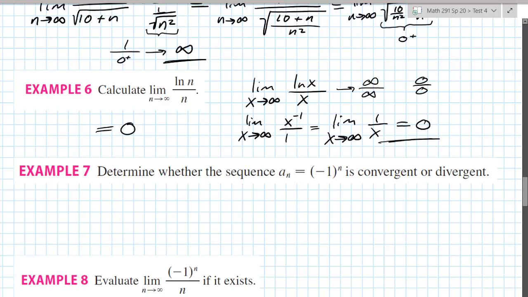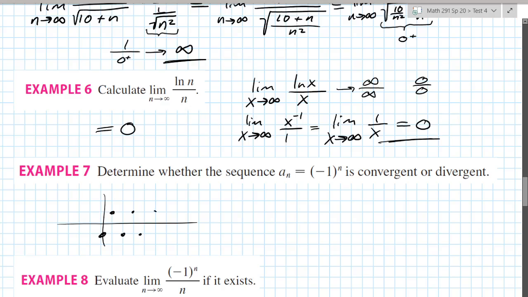Next, we've got this a sub n equals negative 1 to the nth power, and we want to know if that is convergent or divergent. You really don't have to do much to see what's going on here. This is alternating between, I guess it starts at negative 1, between negative 1 and positive 1.